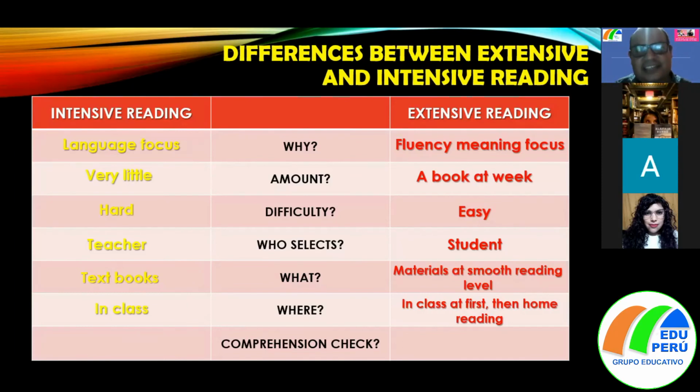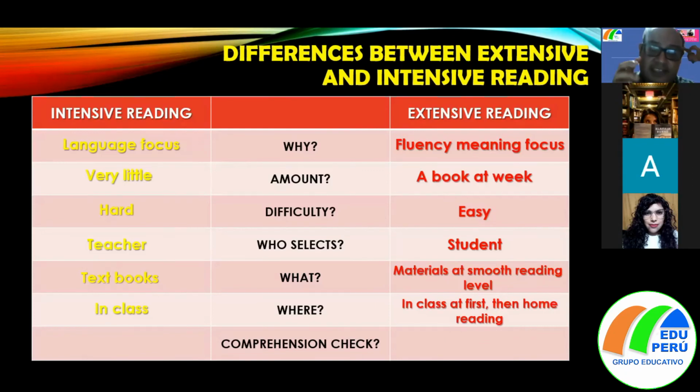But the extensive one could be at home and in the class too. No, remember, it doesn't mean that it's intensive, it's free, the student chooses, so they can do it at home. Yeah, but you have to do it in class too, because you have to test, but not formally.